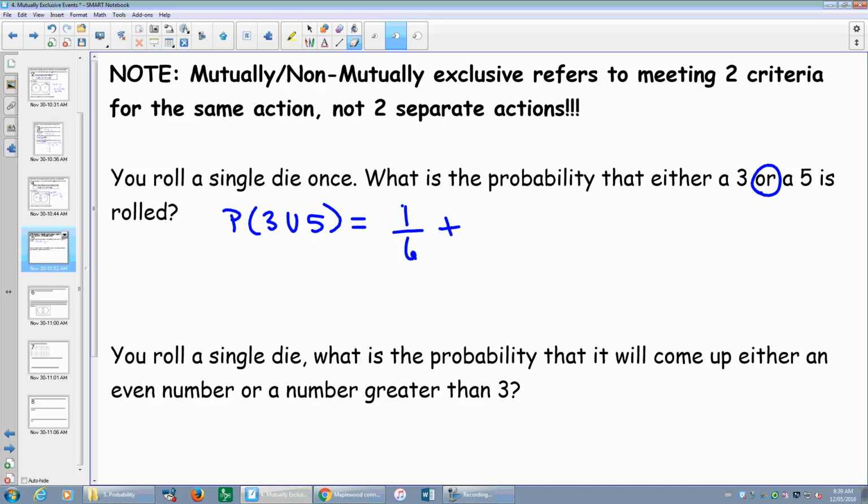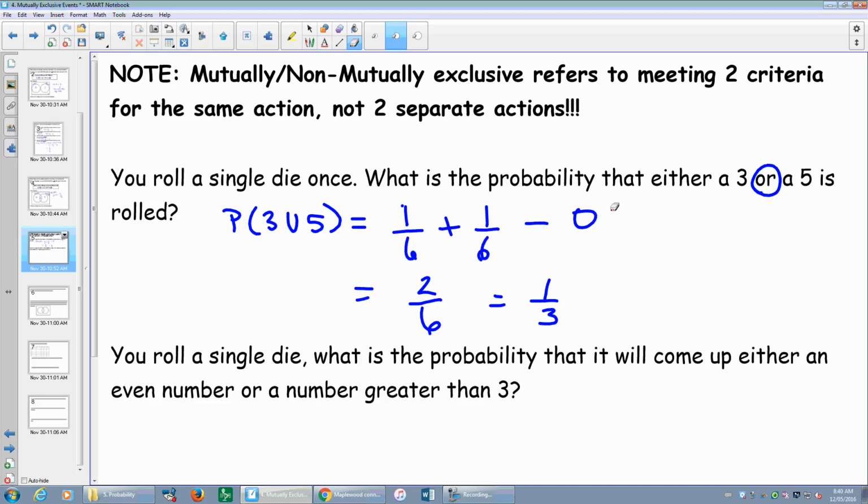Or means I add the probability of rolling a 5, 1 over 6. And again, if I'm using this mutually exclusive, non-exclusive, I would then subtract the case of rolling a 3 and a 5. We can't roll a 3 and a 5 when we're rolling the dice, so that's like saying 0. So Mike's absolutely correct. I have a 2 in 6 chance, which is a 1 in 3 chance of rolling a 3 or a 5.